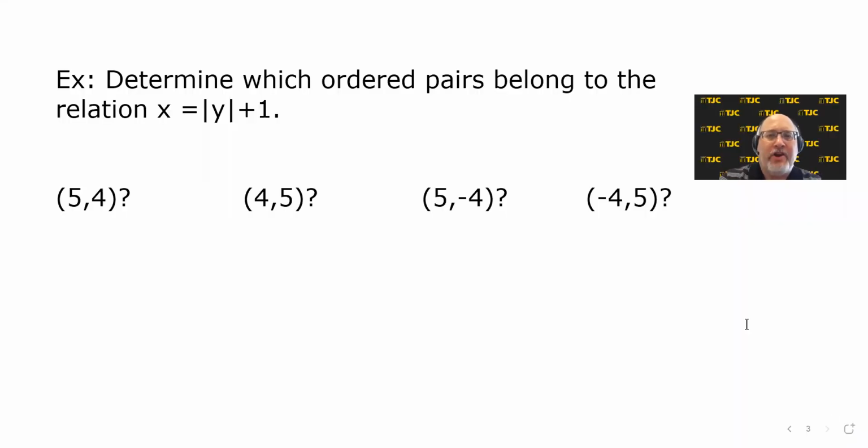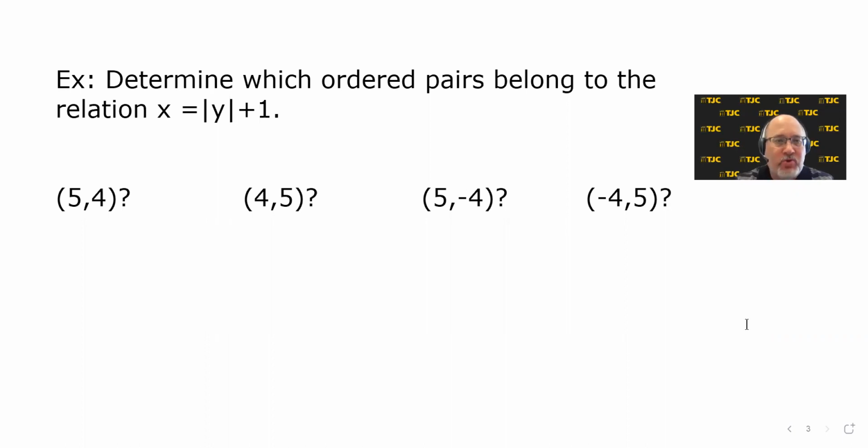So for example, determine which ordered pairs belong to the relation x equals the absolute value of y plus 1. I know that's an equation, but again, an equation can be considered a relation because it defines a set of ordered pairs. In other words, the pairs of numbers that make this equation true.